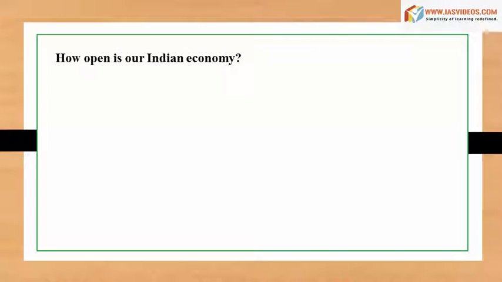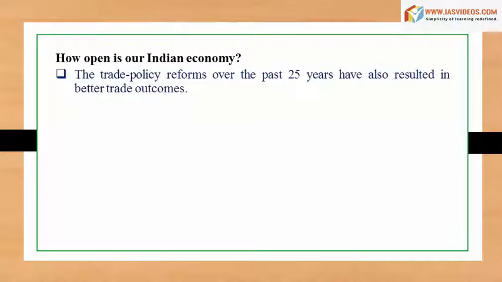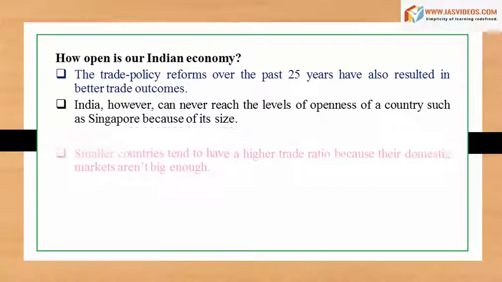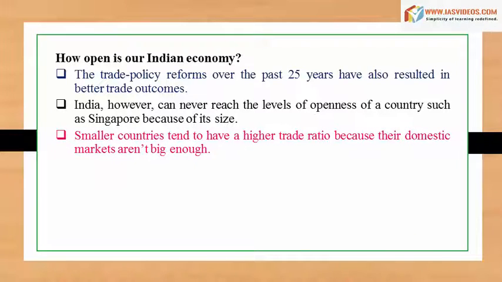How open is our Indian economy? The trade policy reforms over the past 25 years have also resulted in better trade outcomes. India, however, can never reach the levels of openness of a country such as Singapore because of its size. Smaller countries tend to have a higher trade ratio because their domestic markets aren't big enough.